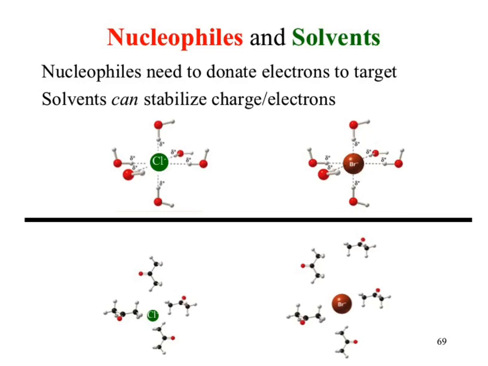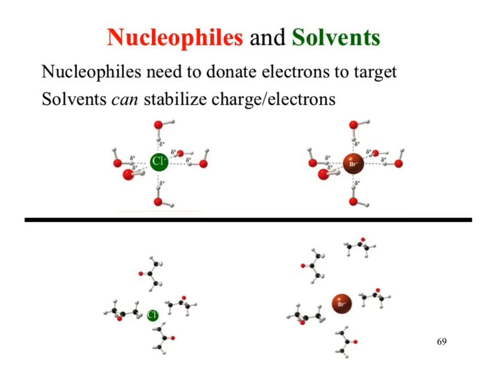Why does it not have as strong an attractive force? It's the electronegativity. What happens when we move to an aprotic solvent? Well, in the aprotic solvent we still have partial positive charges, but those partial positive charges are on carbons, which are located in the middle of the structure, which means we get very weak interactions between our nucleophile and the solvent.